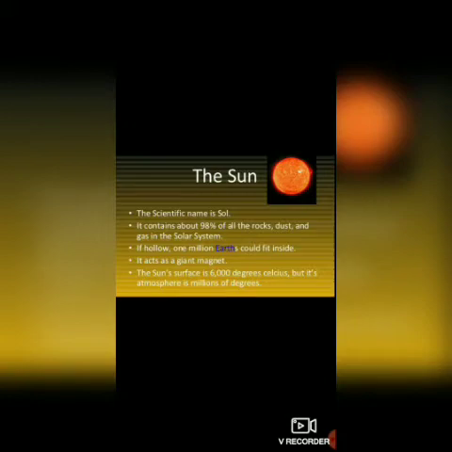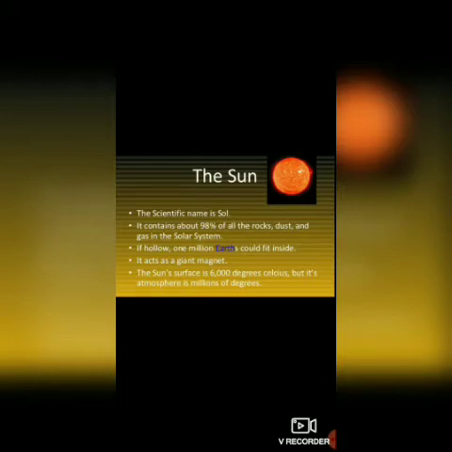It contains about 98% of all the rocks, dust and gas in the solar system. If hollow, 1 million Earths could fit inside it, and it acts as a giant magnet. The sun's surface is 6000 degrees Celsius but its atmosphere is millions of degrees.